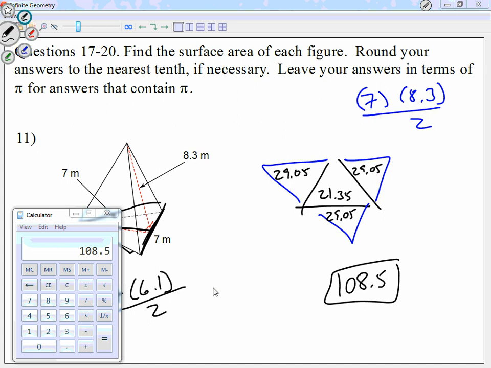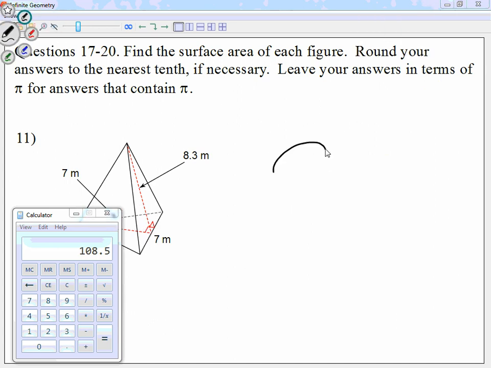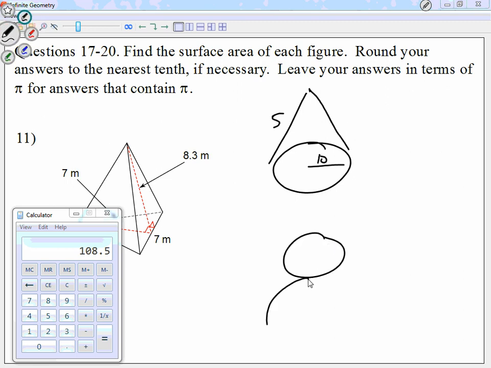When it comes to the cone though, let me erase this real quick. When it comes to the cone, let's say I had something like this, and I gave you guys that the radius is 10, and the lateral height, this number right here, let me call it 5. Once you made it flat, your cone should look something like this. Your circle is going to be 100 pi, because radius squared, right? 10 times 10.